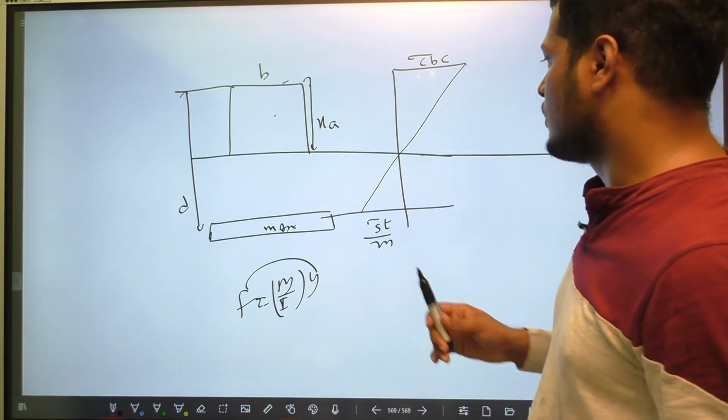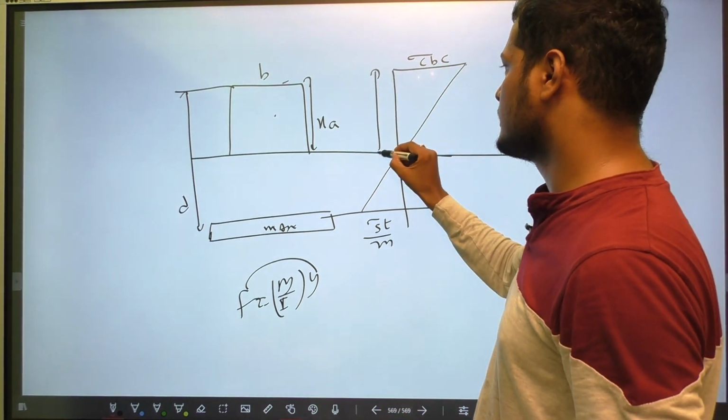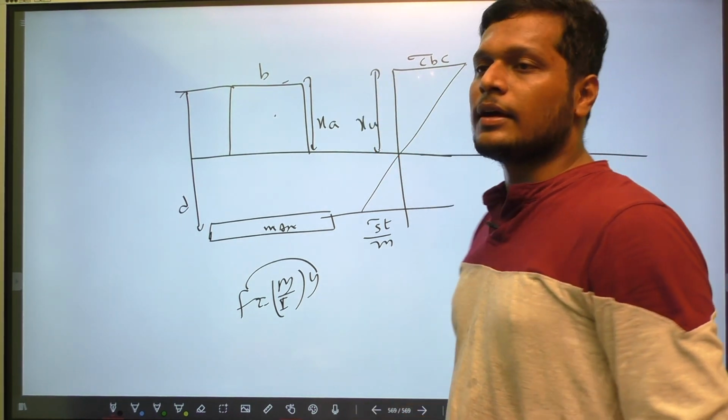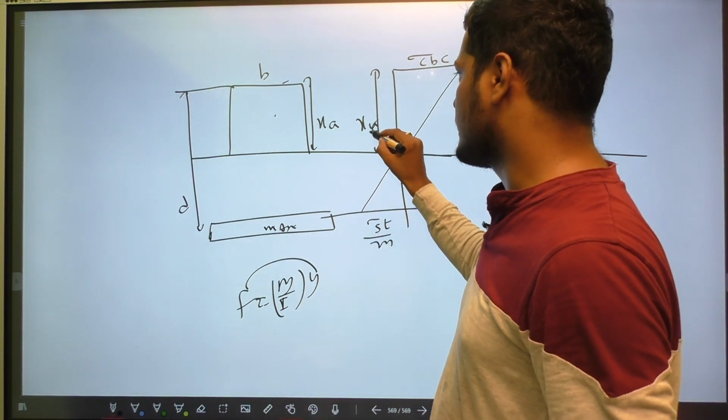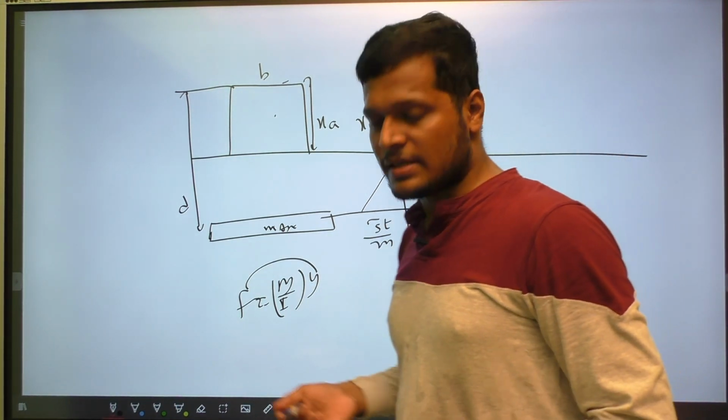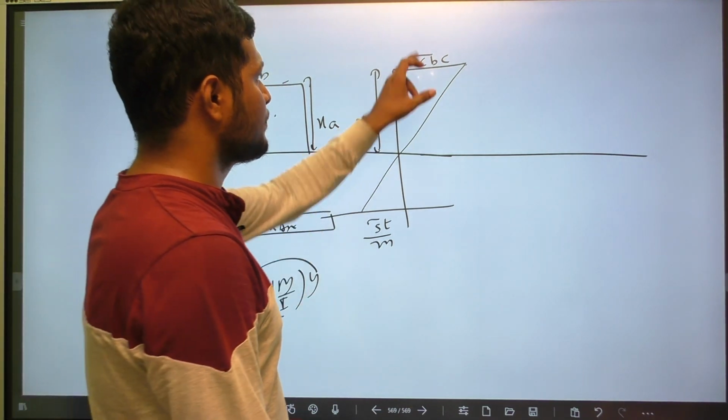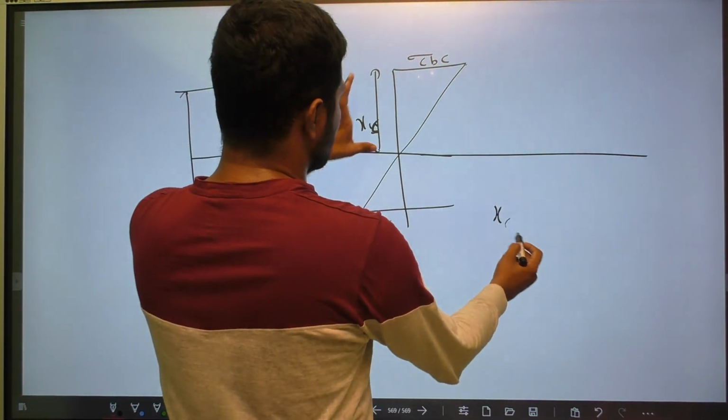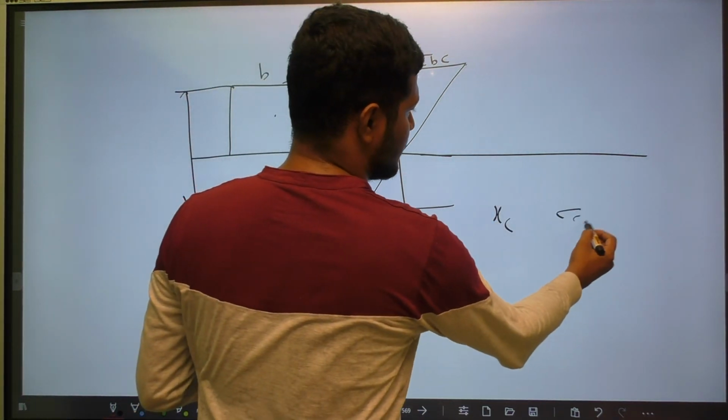Okay, now we have to find the critical neutral axis, XC. By simple linear variation we can find it. For a depth of XC, the stress is sigma CBC.